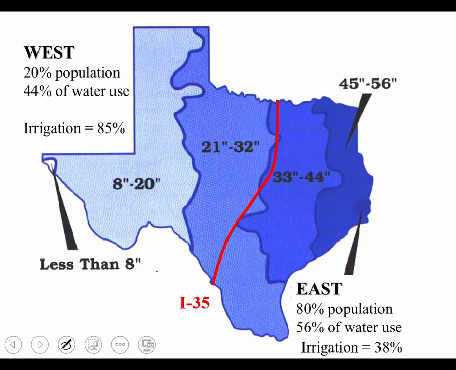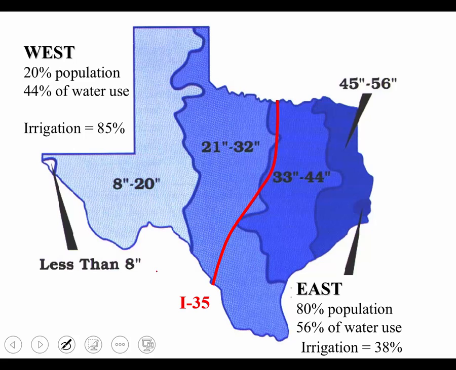Fewer people, more water per person, and in particular for irrigation. The reason, quite obviously, is it doesn't rain there much, and this is a rural agricultural region, so we're going to irrigate for crops or for cattle.